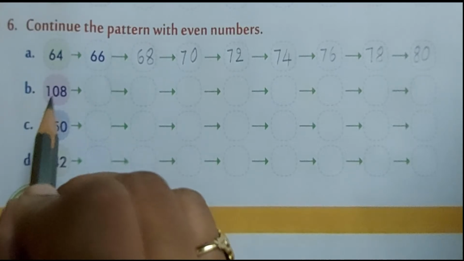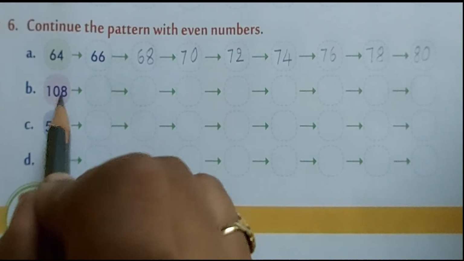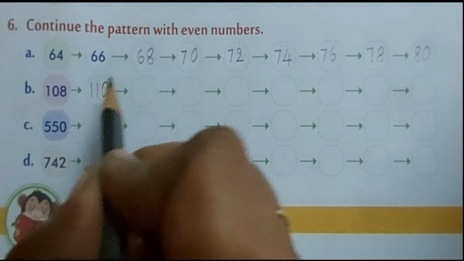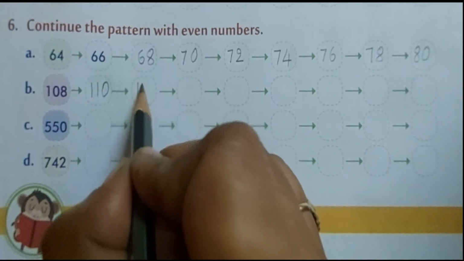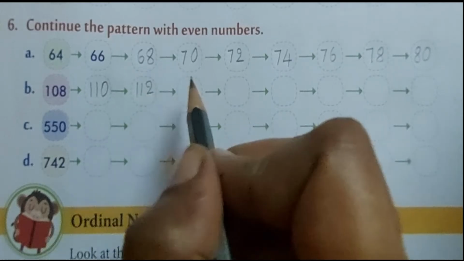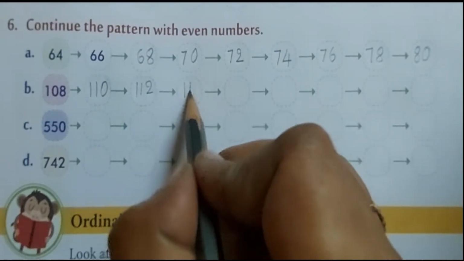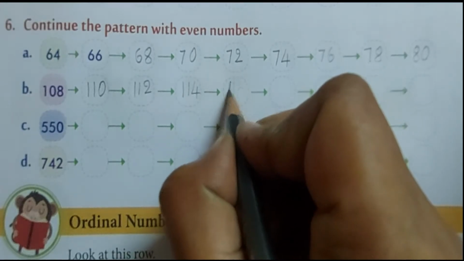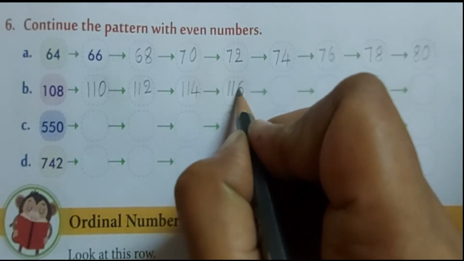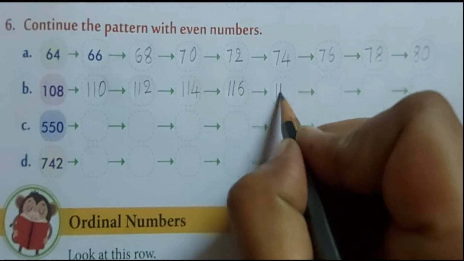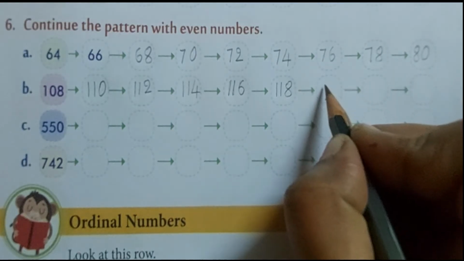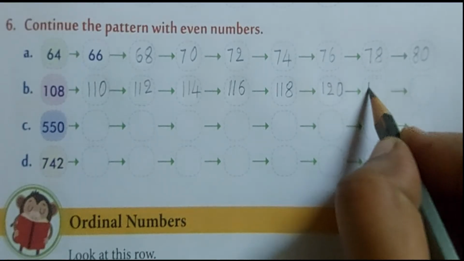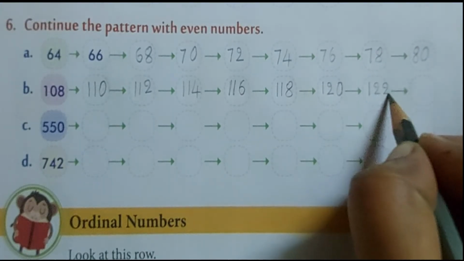Next one 108. 108, after that the even number is 110. 110 after 112. 112 after 114. 114, the next even number is 116. 116 after 118. 120. 120 after 122.